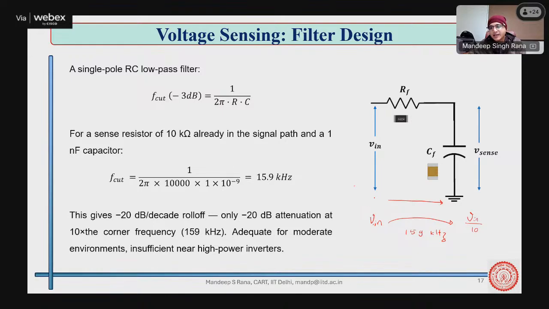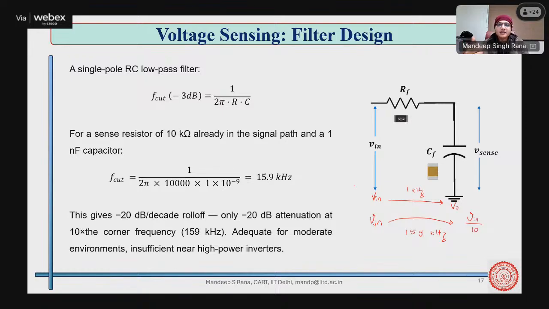So the point is that any signal coming at the proper frequency is transferred as it is, and any signal coming at a much higher frequency will get small, small and small, so that you attenuate all the noise. That's the purpose. But truth is, frankly speaking, in an EV system, this filter is not doing good.